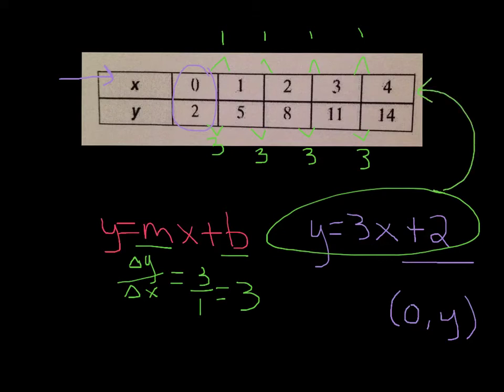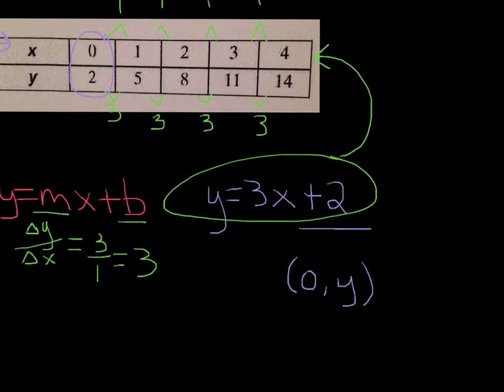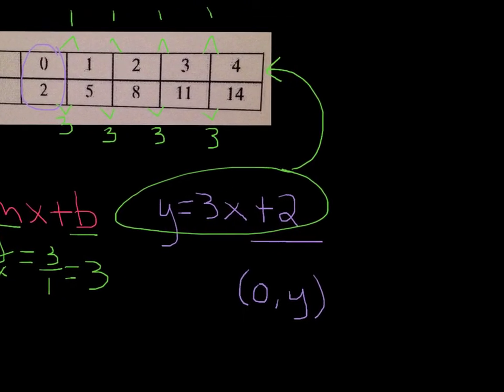Now the cool thing about these problems is you can always check your answer. What you can do is take your equation, y equals 3x plus 2, and you can take a point and plug it in to check it. Let's just pick the point (2, 8). 2 is x and 8 is y.